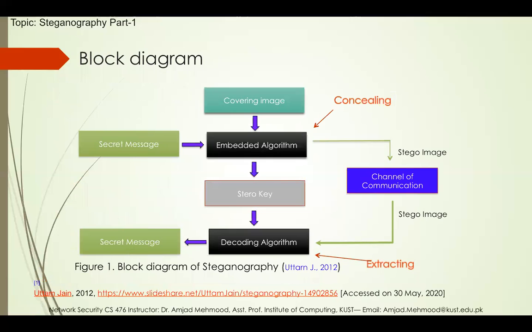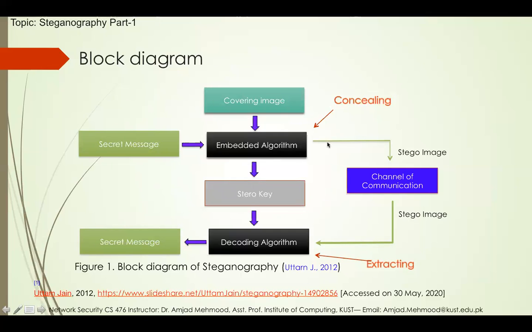This is a block diagram of steganography. You need a secret message which you want to send to the recipient, and a cover image in which that secret message would be placed using an embedding algorithm. Then a key will be generated, and that key will be sent to the decoding or extracting mechanism.